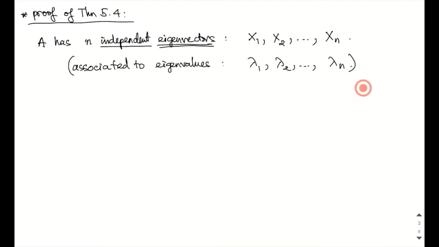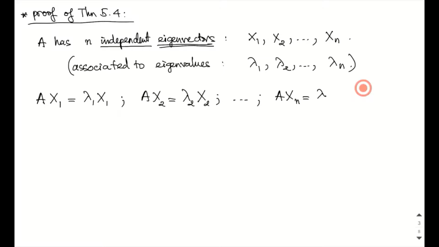What it means by being eigenvectors and eigenvalues is that if you multiply A by x1, then you are going to get lambda 1 times x1. A times x2 is just like giving x2 a scale lambda 2. And similarly, A applied on xn is just like you stretch or shrink xn by a factor lambda n.